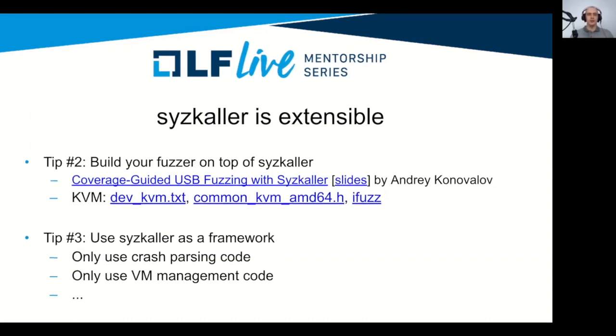You're trying to generate the next input, figuring out what kind of input you should use to go deeper into the code, and you're trying to solve a set of equations. If your target is really big, there are a lot of equations that you need to solve, and it gets slow.